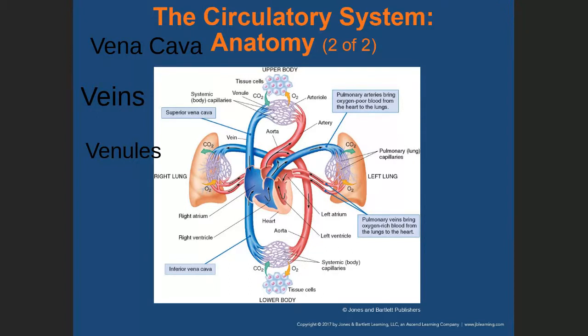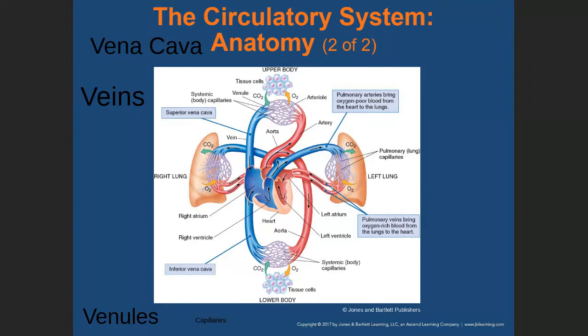Now, at the smallest venule, let me move this down to the lower portion of the chart. Put this here, then put the capillaries. So let's talk about the capillaries. The capillaries are the smallest blood vessels within the body.